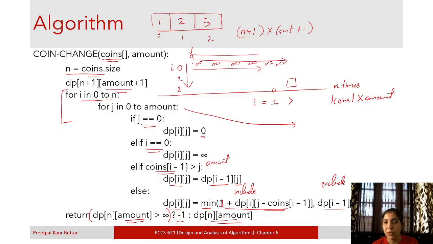So the total complexity is the number of coins multiplied by the amount. In other words, the complexity is polynomial, not n squared, because the amount can be any other value. It is n multiplied by the amount.